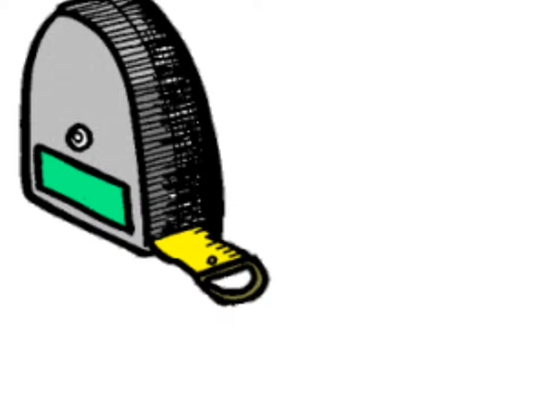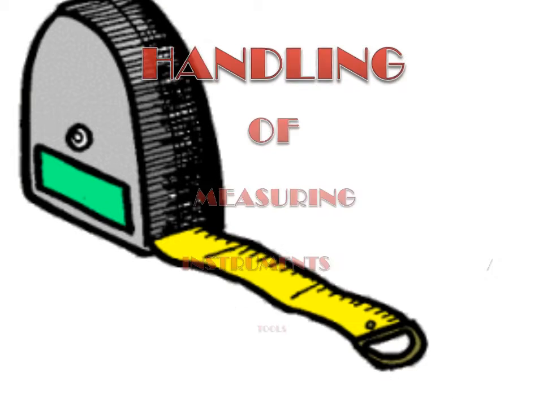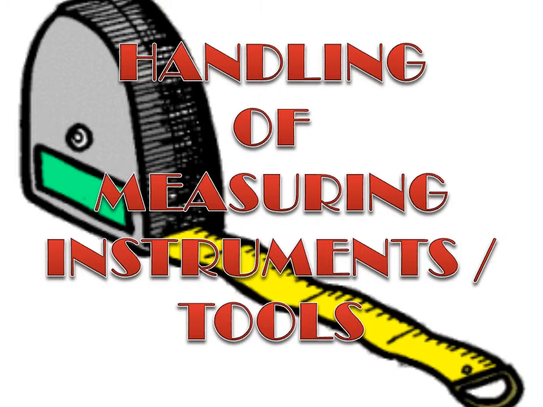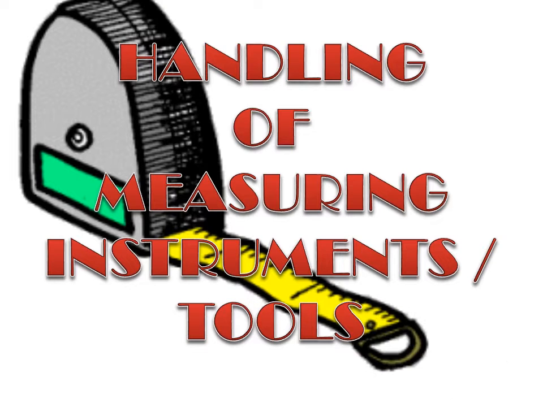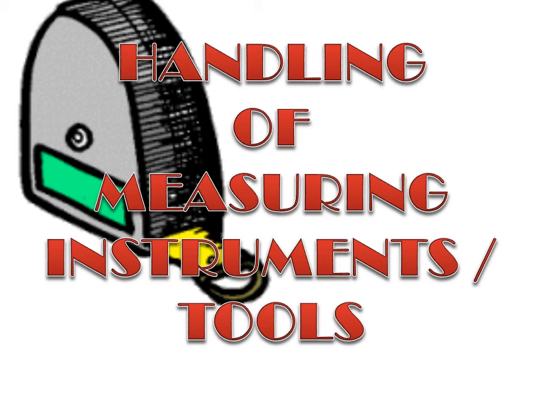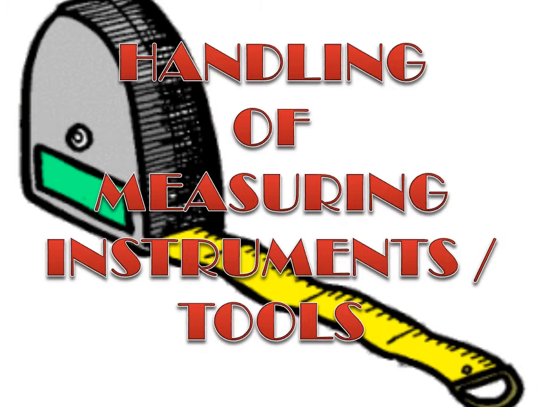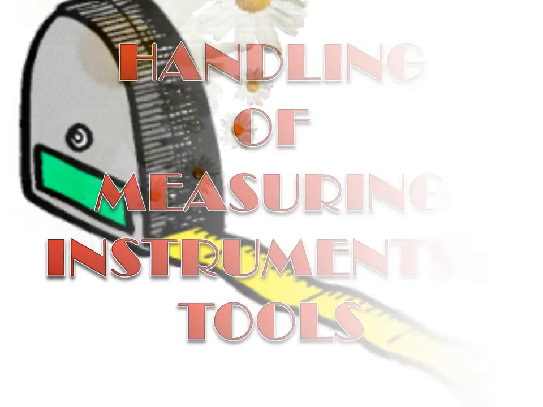Now let's proceed to the handling of measuring instruments and tools. The first one is to identify the tools for measuring. Now let's move on to preventive maintenance. For preventive maintenance of measuring instruments, we have the do's and don'ts.